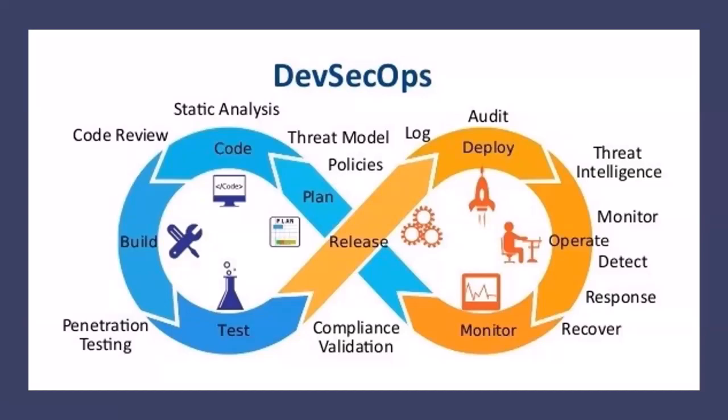Then compliance validation. Every month the DevSecOps team is going to have a scan across all the machines. Suppose I'm working on a project with some 3,000 machines, VMs, across my project. It might be in different data centers.